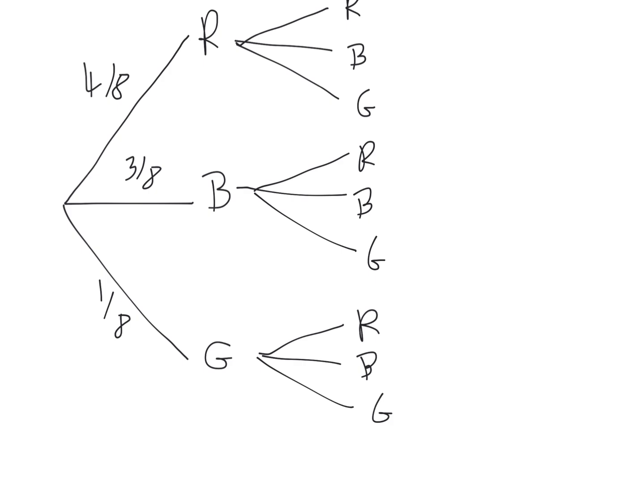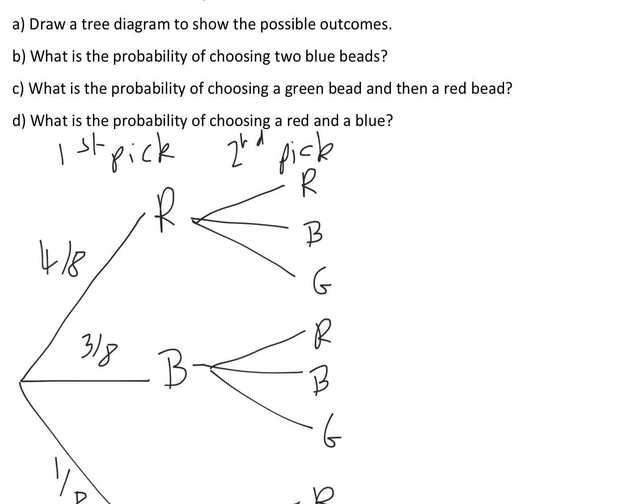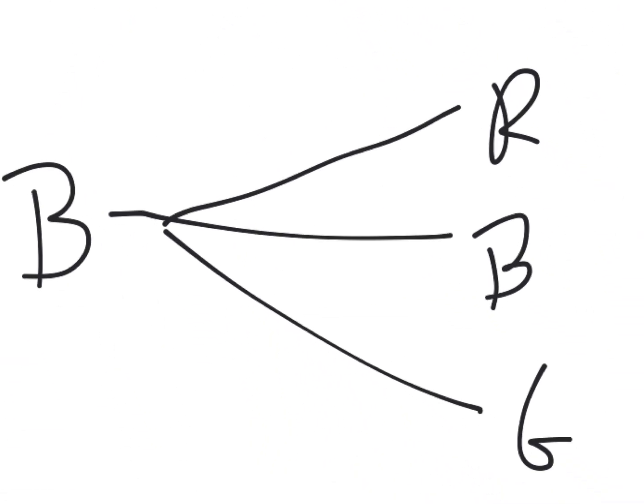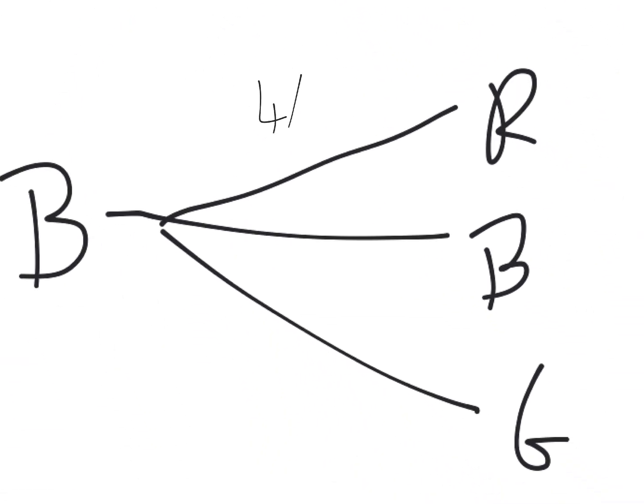Now what's difficult here is getting these numbers on. For the red, it's 4 out of 8. It's easy for me to zoom. You can't do that, so be careful. The more you can spread these branches out, the better. Okay, 4 out of 8, 3 out of 8, 1 out of 8. The first pick does not affect the second pick, so it's always 4 out of 8, 3 out of 8, 1 out of 8.